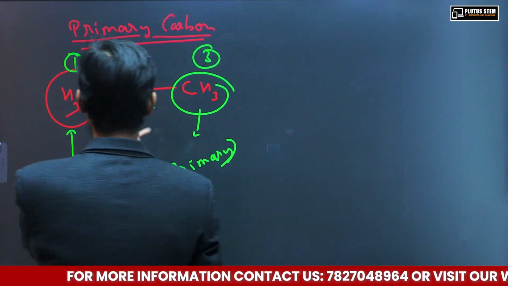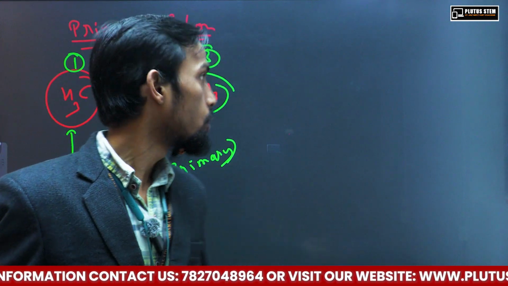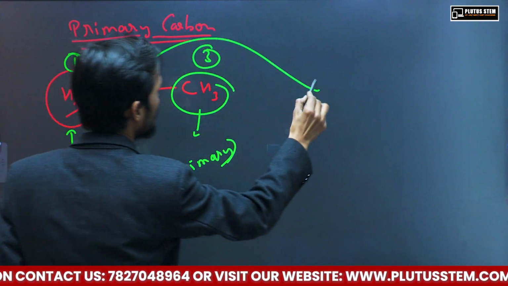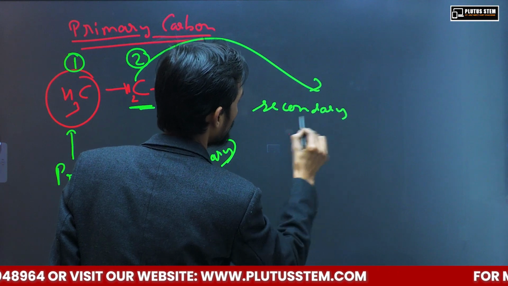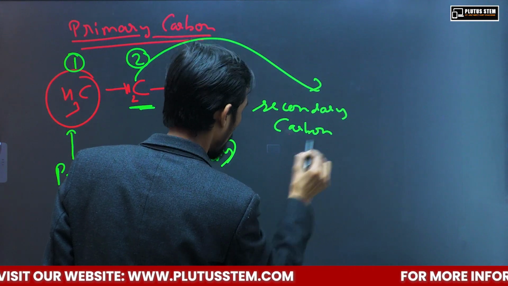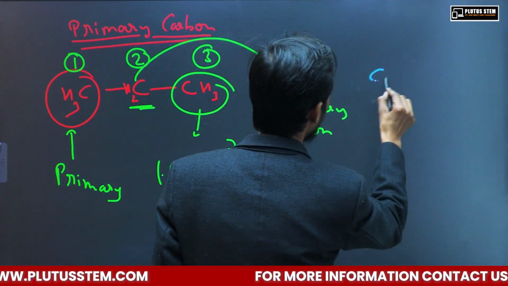But when we talk about carbon 2, it is attached to two different carbons, so this carbon is termed as a secondary carbon. We can have some more examples of this secondary carbon.